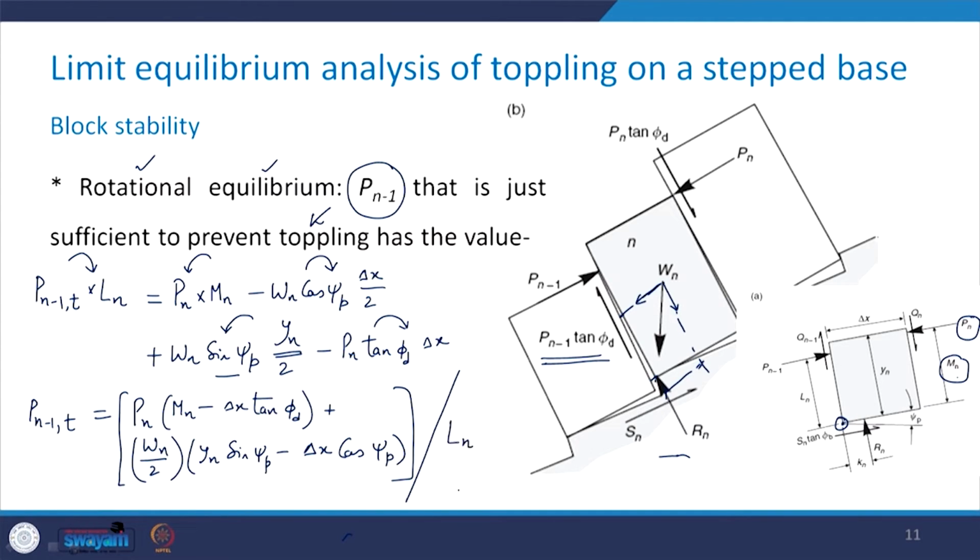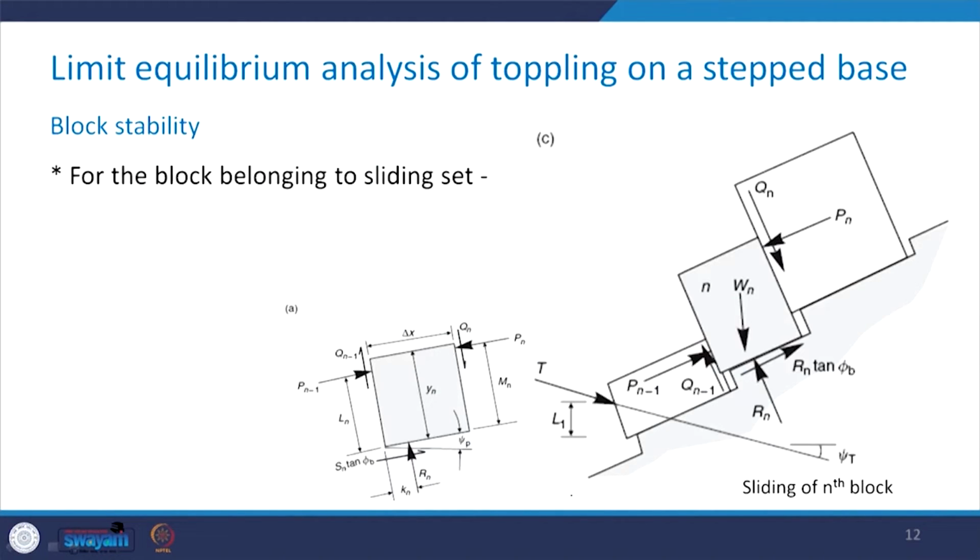Make this equation as equation number 23. Take a note of these equation numbers because we will be referring to these later when I will be summarizing the steps for the analysis in case of the toppling failure that we are taking up right now.